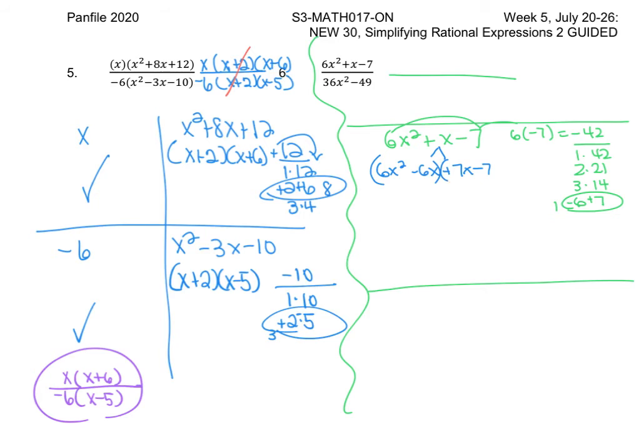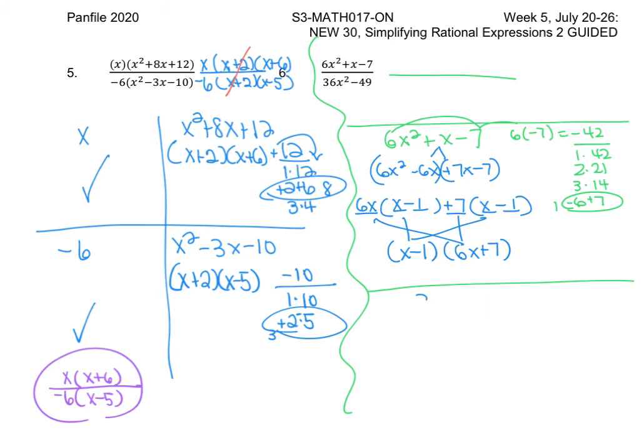We're going to group first two, last two. So we get 6x as our first GCF, and then we get x minus 1. We get x minus 1 in our second one, and we are pulling out a positive 7. So we pull the x minus 1 down as the couple, and our singletons are 6x plus 7, and that is going to go in our numerator.